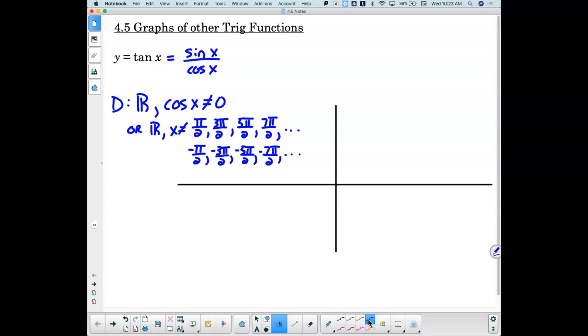A circle? A solid point would tell me that it would work there. An open point, a hole? It's something else. It's not a hole.